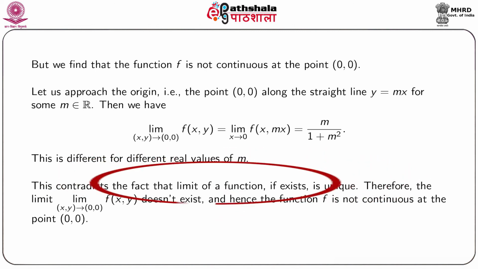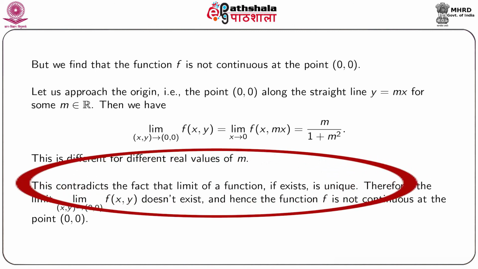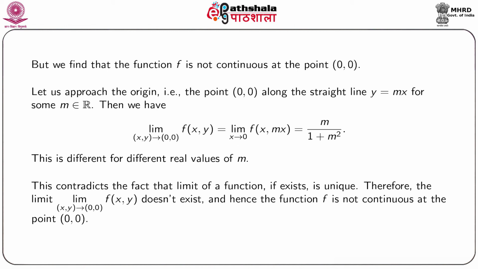This contradicts the uniqueness of the limit of a function. So, limit of f(x,y) as (x,y) approaches origin does not exist, so the question of continuity does not come. So, we discussed limits and continuity of a scalar field. With this, the discussion of the first module, chapter 2 comes to an end.